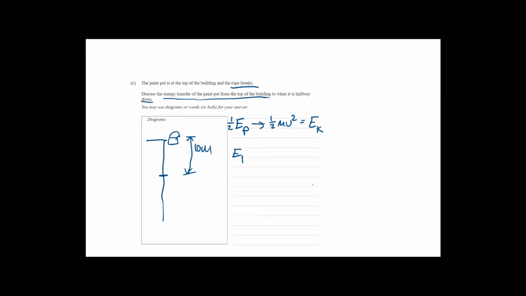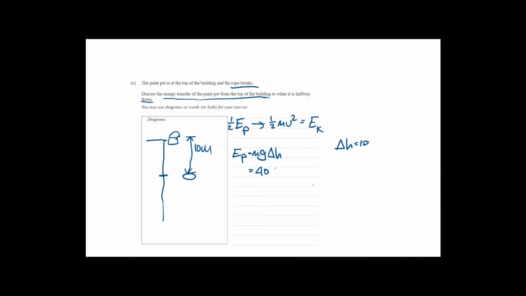So the change in potential energy is going to be mg change in height. Well, the change in height is going to be just 10. So it's as if it's fallen 10 meters, and then it keeps going, but we only care about it as if it was frozen at this point in time.